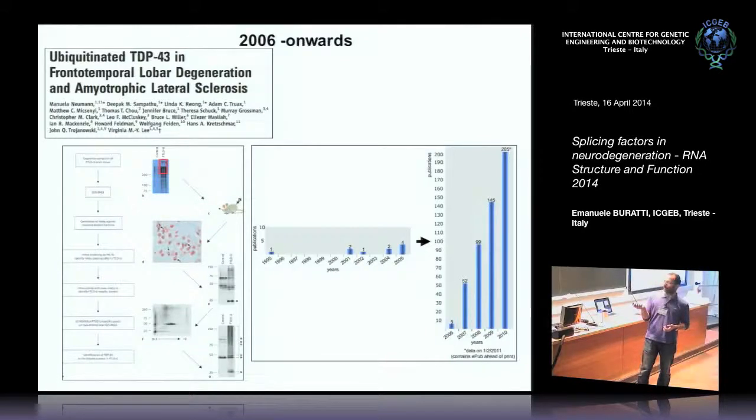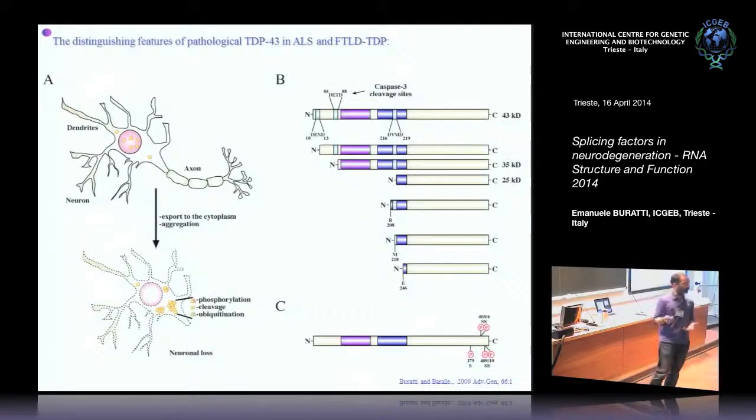But after 2005, the number of references to Tdp-43 has been doubling almost every year. And now I think there are a steady 200 or 300 papers per year that contain Tdp-43 as a keyword. So what happens to this protein?